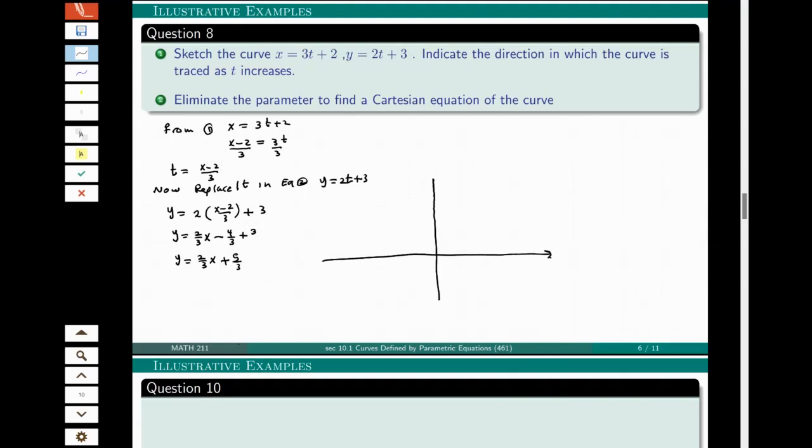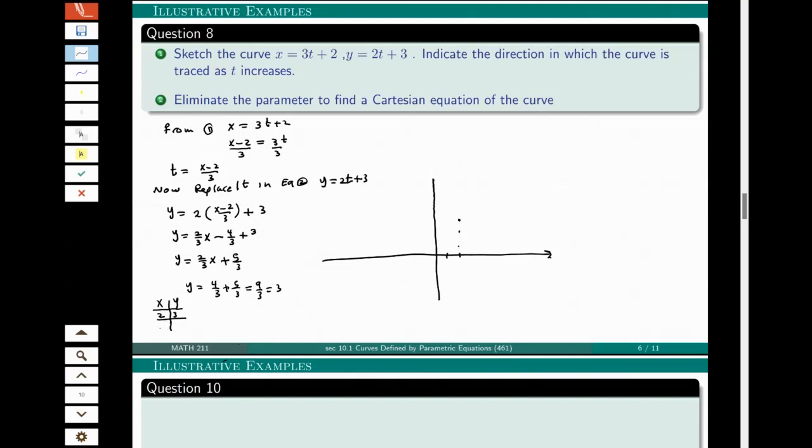If I select, let's say, x equal to 2, what will I get for y? If x is 2, we'll get 4 over 3 plus 5 over 3, which is 9 over 3, which will be 3. So when x is 2, we get 3.